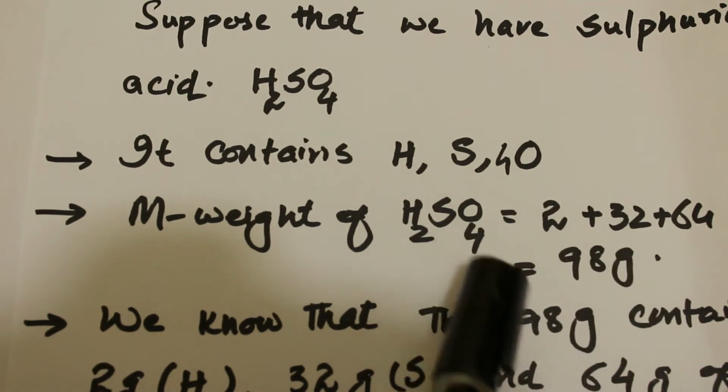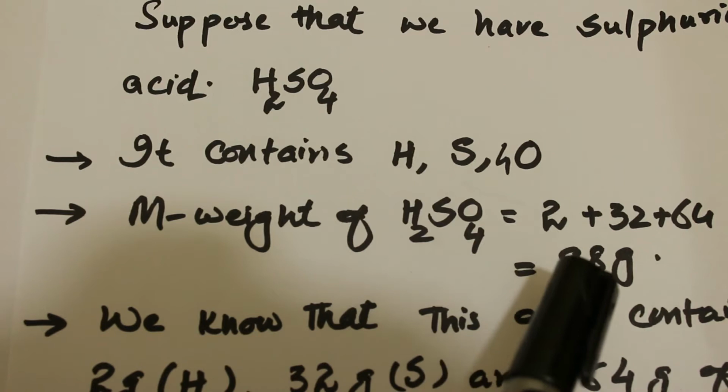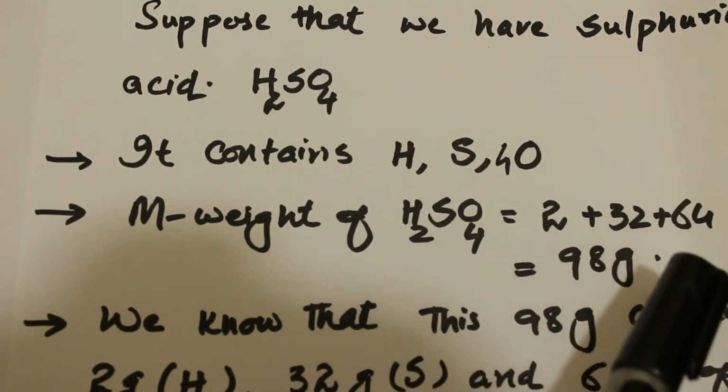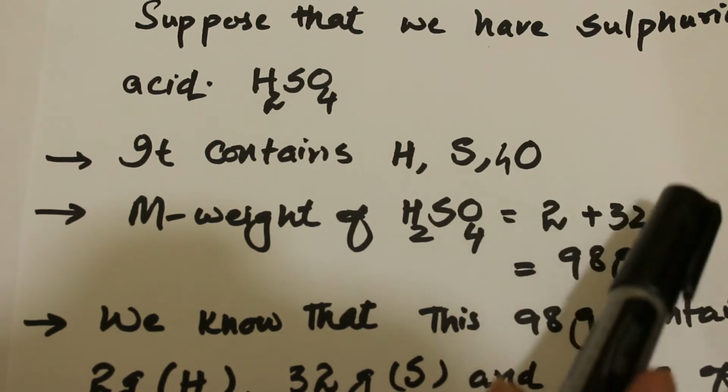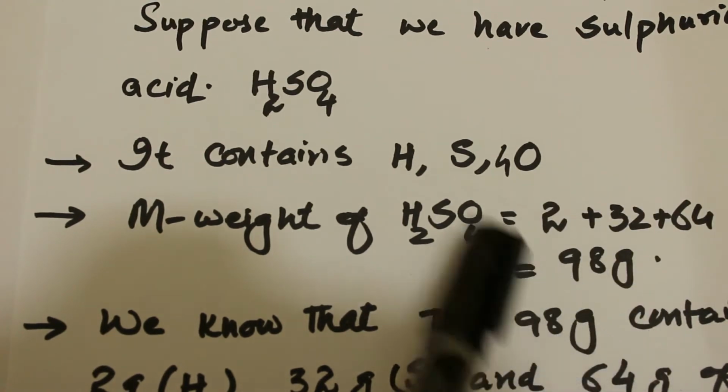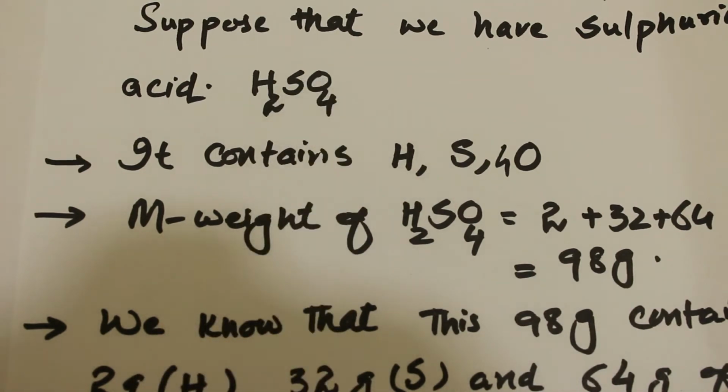Now the atomic mass of oxygen is 16, but here we multiply it by 4 and we get 64. And when we add these values, we get 98 grams, which is the molecular weight of sulfuric acid.